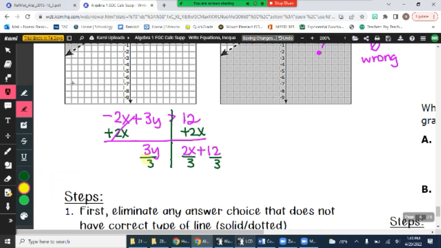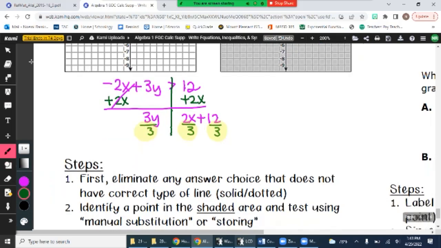Now, knowing when to flip that symbol depends on when you divide. But if you're dividing by a positive number, is it necessary to flip it? No, unless you divide by a negative number. 2 over 3x plus, and 12 over 3 gives me 4.